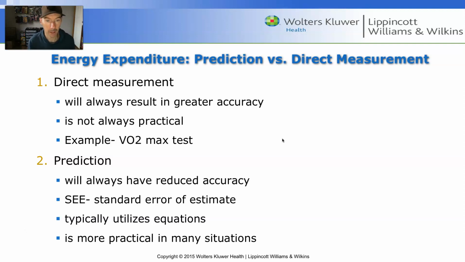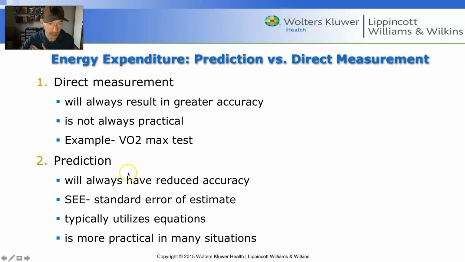I haven't looked lately, but if memory serves, they were pretty close to one another, off by maybe a couple hundred calories, which is not terrible, right? But I guess the idea is if you have the option of direct measurement, you would take that because it's going to be more accurate, okay? As I say here, direct measurement will always result in greater accuracy, okay?